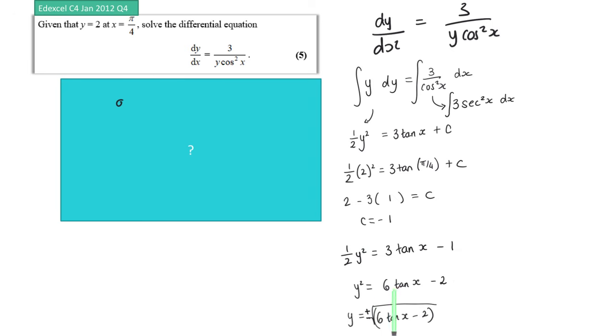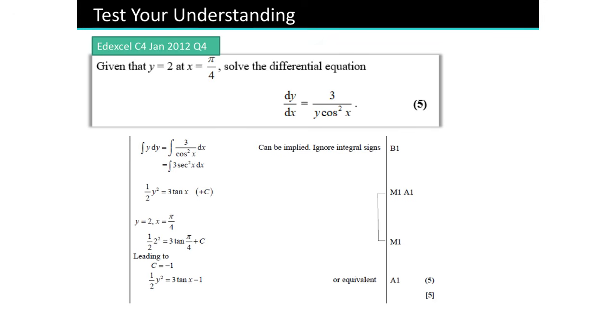In the mark scheme, I think we can leave it just as y squared. We don't have to do y. It just says, given this, solve that. So we could even leave it like this at this stage. The mark scheme you can see here says you can leave it like this. You don't even have to rearrange to get y equals, and they've put 'or equivalent'.